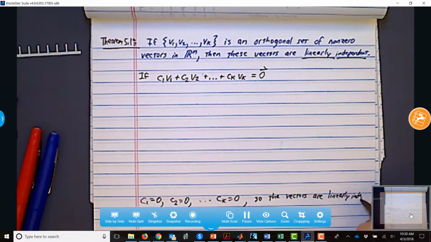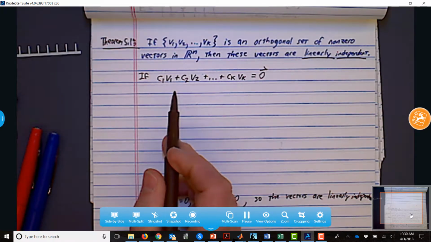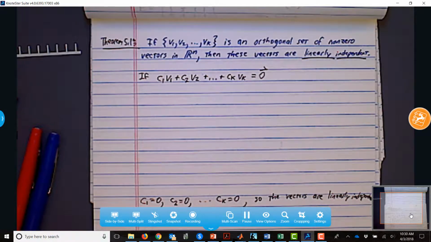I mean, there's the end of the proof. I need to have this equation somehow give me the fact that we know that that's one solution, but we want to show that that's the only solution. Okay.